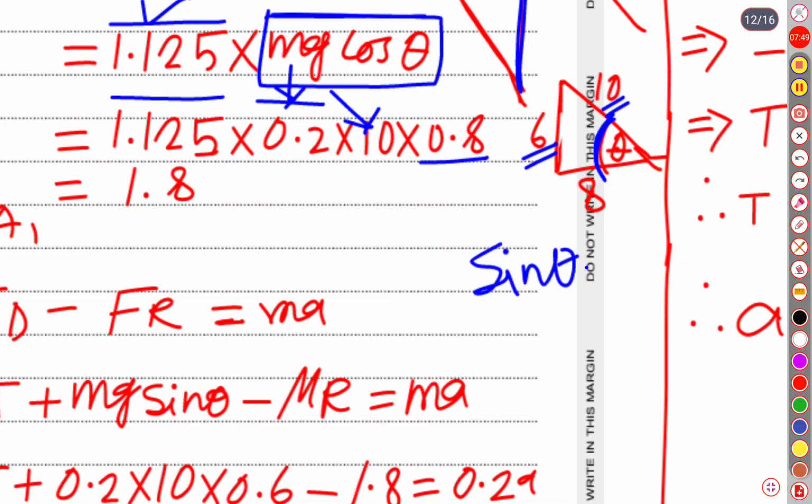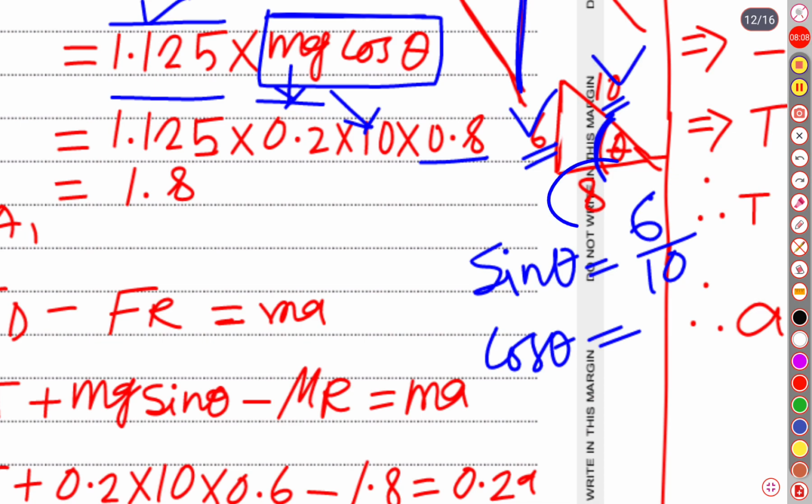Sine theta is equal to this perpendicular line over the hypotenuse. And we know cos theta is the adjacent over the hypotenuse. If this is 6 and this one is 10, definitely the adjacent side will be 8.